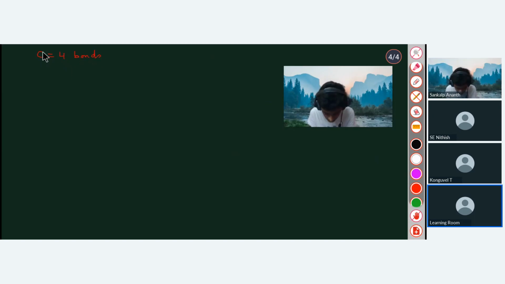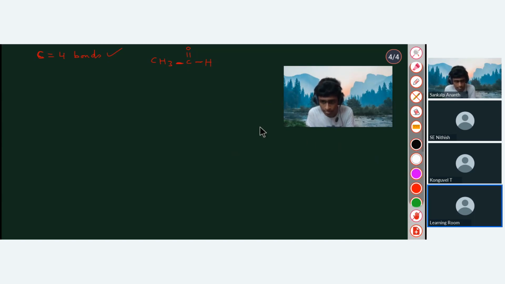For example, acetaldehyde: here carbon has formed four bonds, one here, another here, and two bonds with the oxygen. So it should form four bonds in all organic compounds. This is its valency.